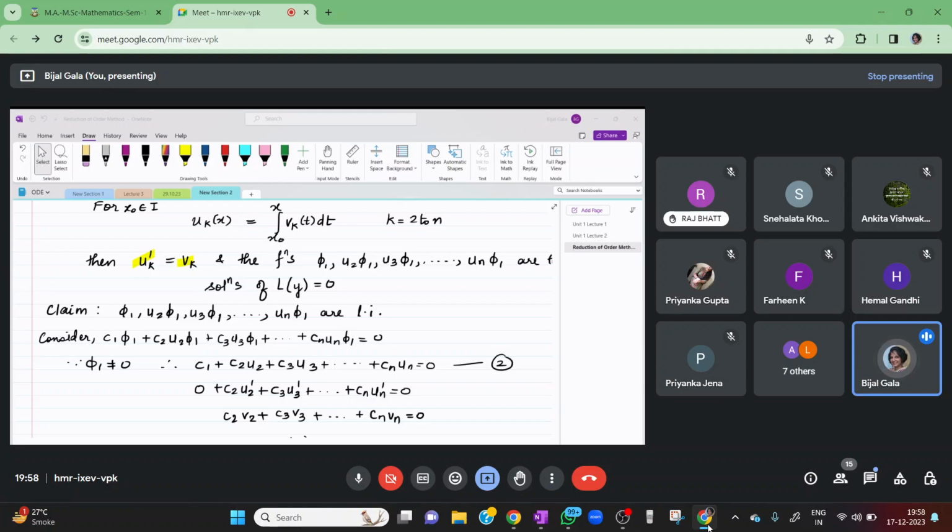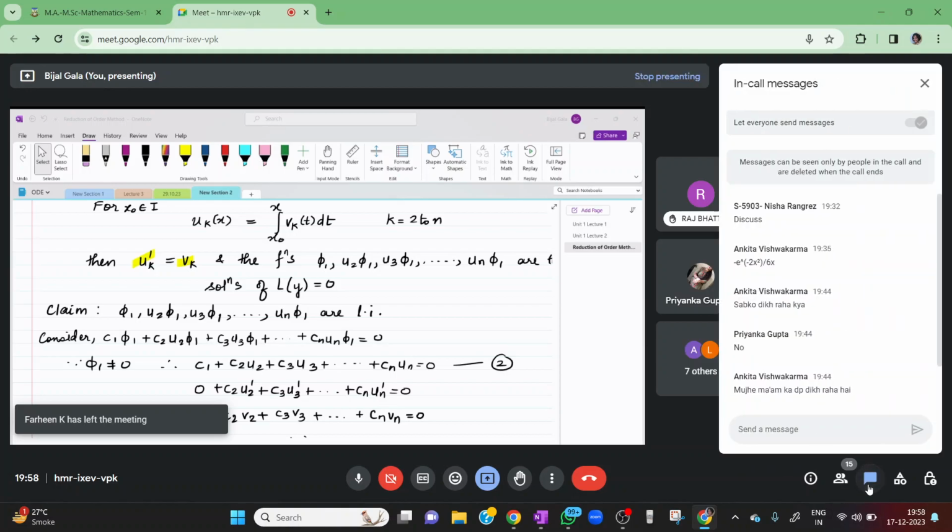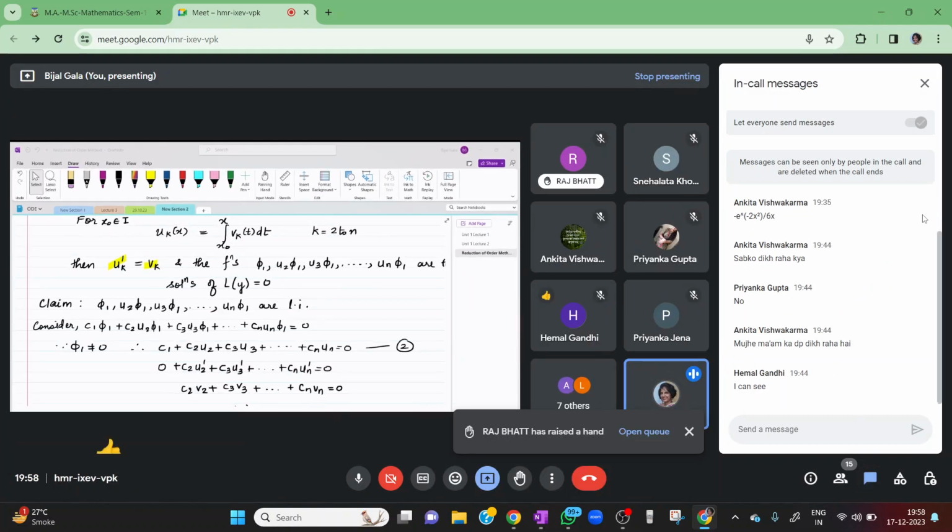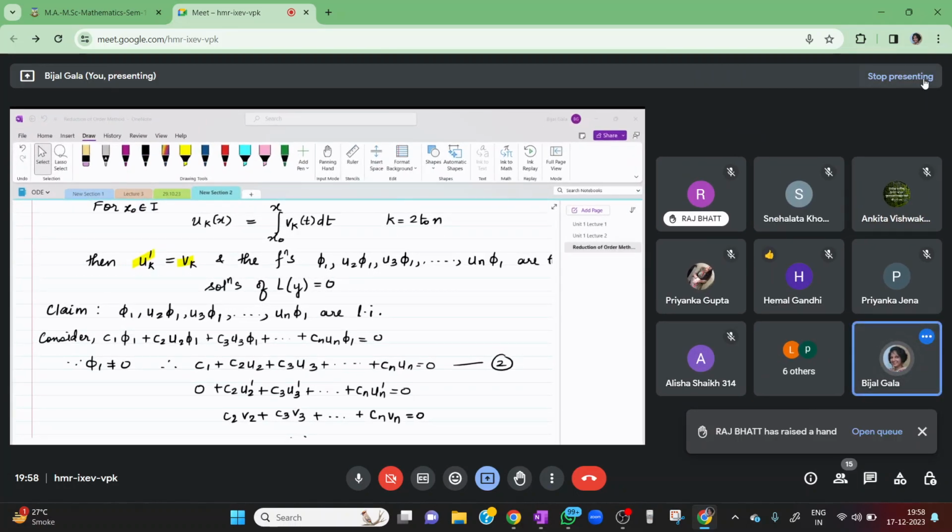If you have two solutions, you will be able to reduce the order by two, and so on. And when you reduce the order, every time you might come to a degree where you will be able to solve it on your own. I hope this is clear with everyone.